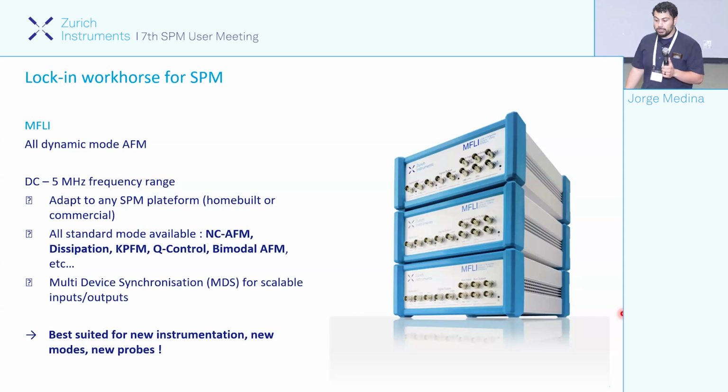As mentioned, you can do all standard modes. You can do NCAFM, dissipation, KPFM, Q control, bimodal. One of the benefits is that you can synchronize multiple devices to behave like one unit with multiple channels, called multi-device synchronization. And that allows you to do some of the more advanced measurements.